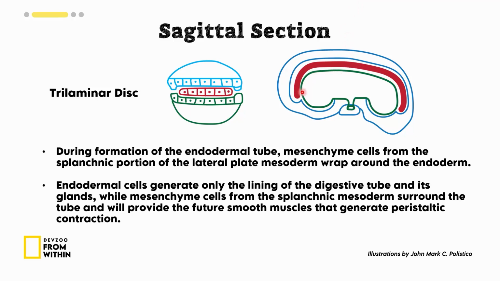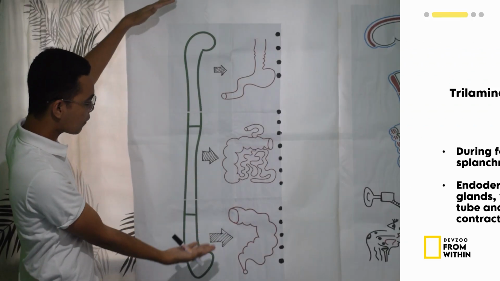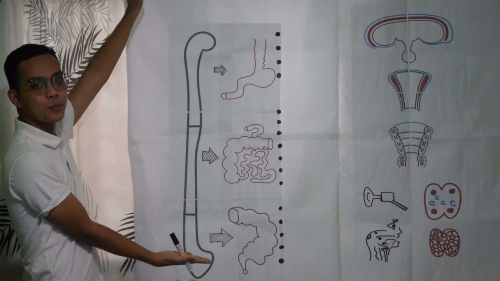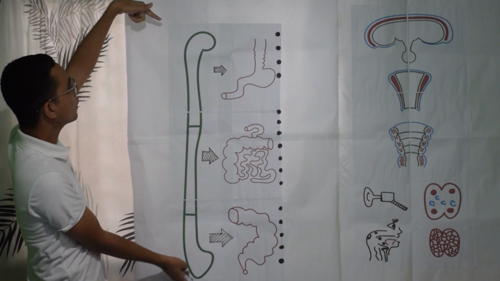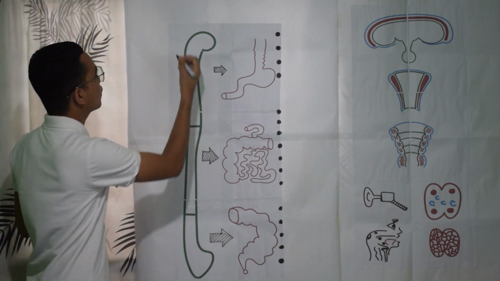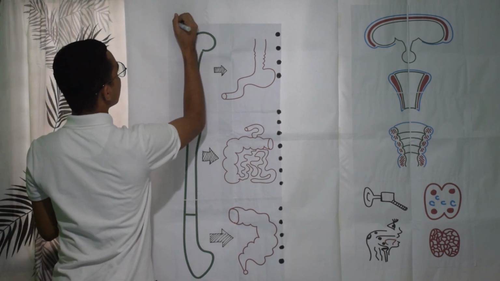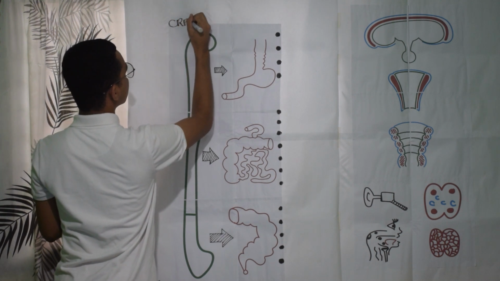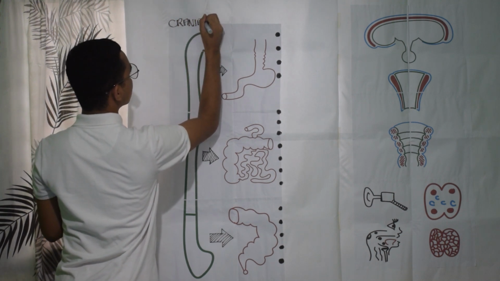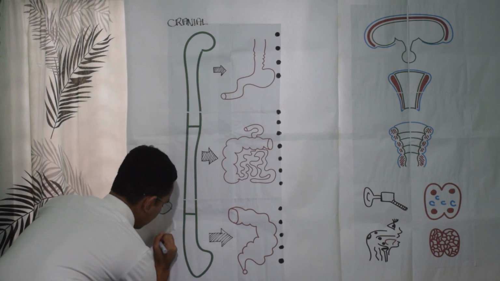If we take this green portion, that green lining, and isolate it, we have the endoderm, or your gut tube, in cranial to caudal direction.